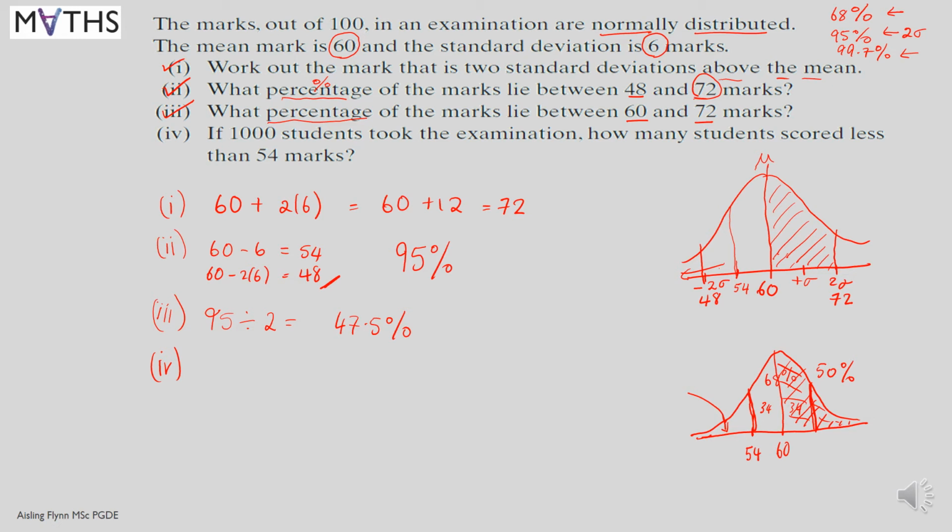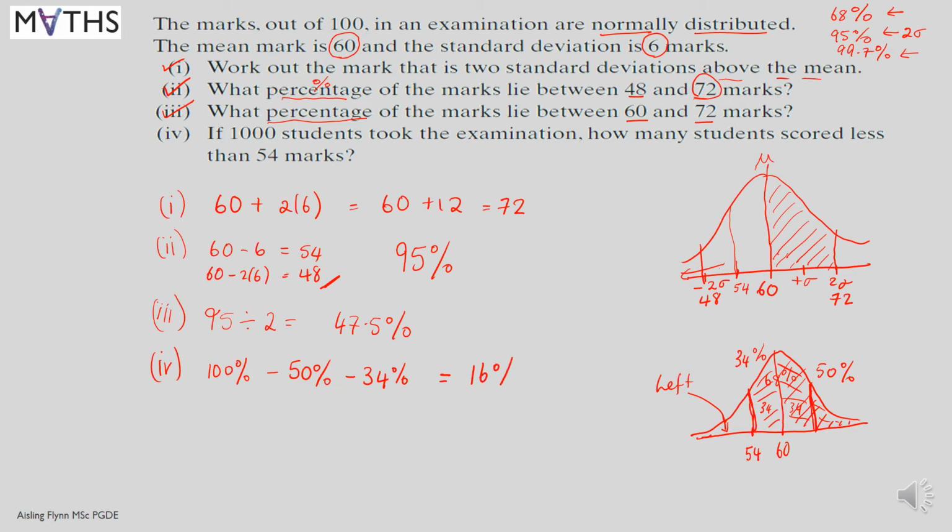And then if I take away 34%, I take away that bit, and whatever is left gives me what I need, the left-hand tail of the graph. So I'm going to start with 100%. We're going to take away the whole right-hand side, and we're going to take away the 34% between 54 and 60. That leaves me with 100 minus 50 minus 34. That leaves me with 16%.